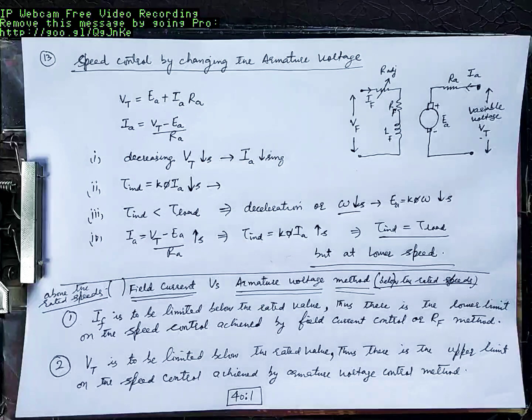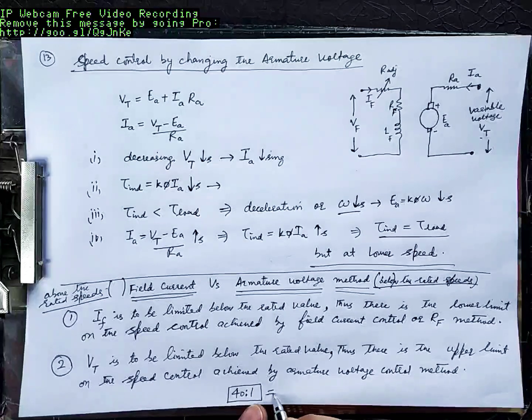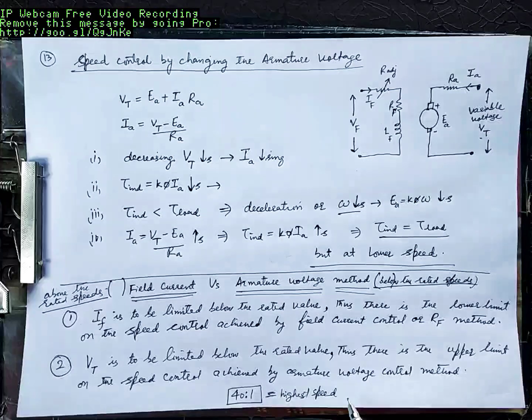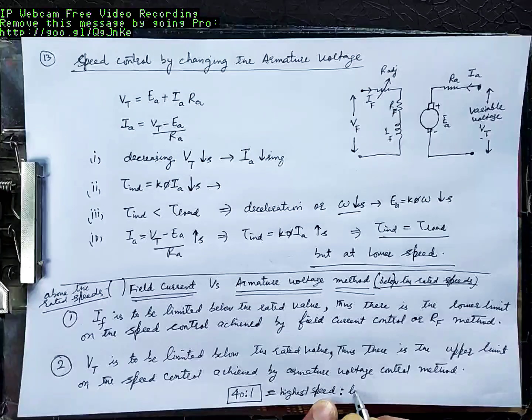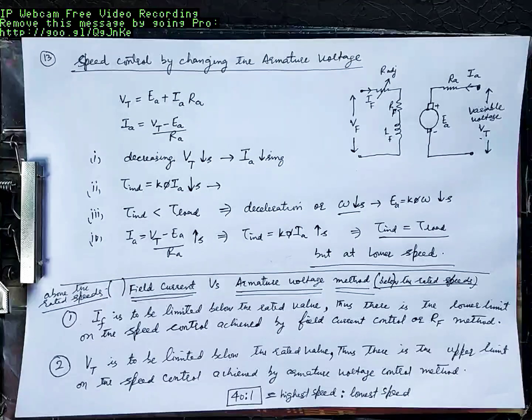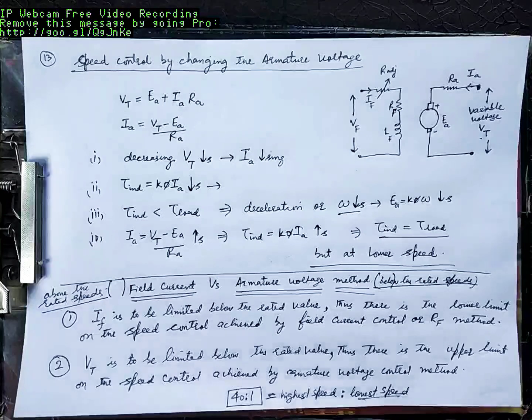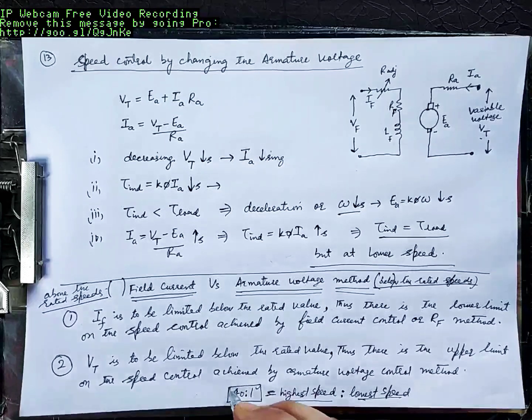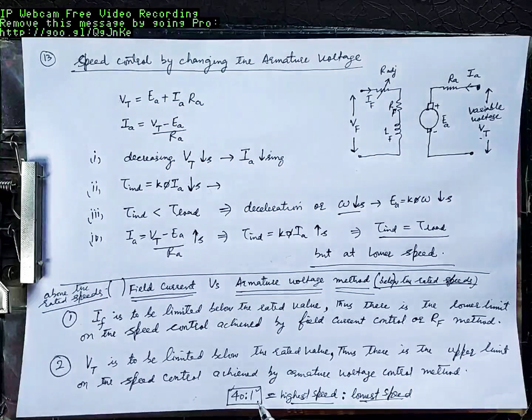What is the speed control ratio? That is the highest speed to the lowest speed. This shows the range. If the smallest speed is 1 rpm, the highest is 40 rpm.